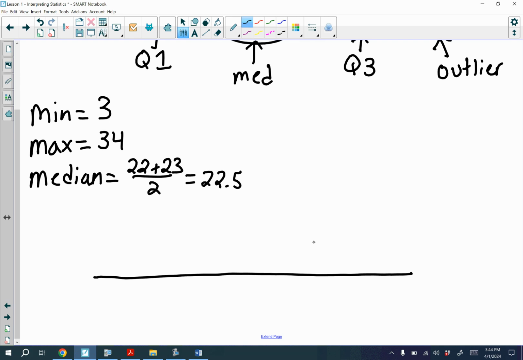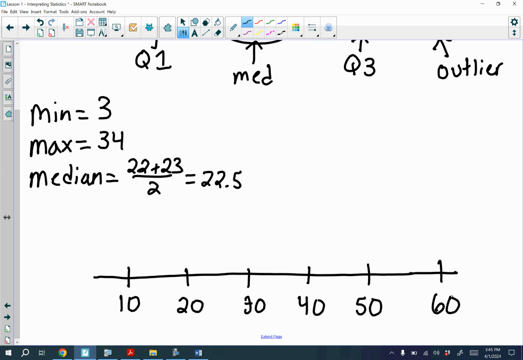So you can go by 5s, you can go by 10s, 15s, whatever you would like. I'm going to go by 10s here. So I'm going to have 10 and then 20, 30, and then 40, 50, and then 60. Since our highest value is 59, we're going to have to use that information.